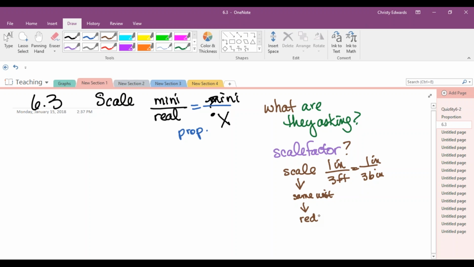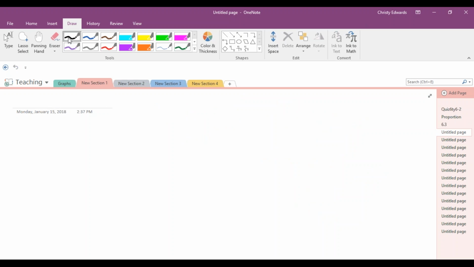This one I made up doesn't reduce. Scale factor is a different question than, here's the scale of the map, and if it's 3 inches on the map, what's the real life distance? So they ask you different types of questions. I think the hardest thing is figuring out what they want you to do or find.